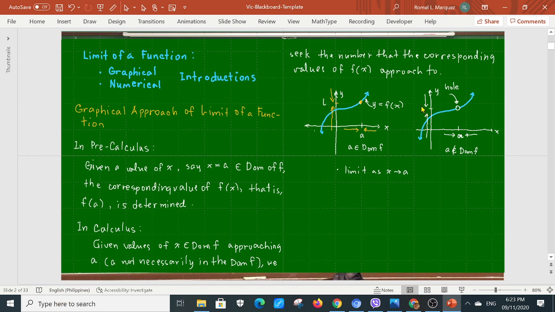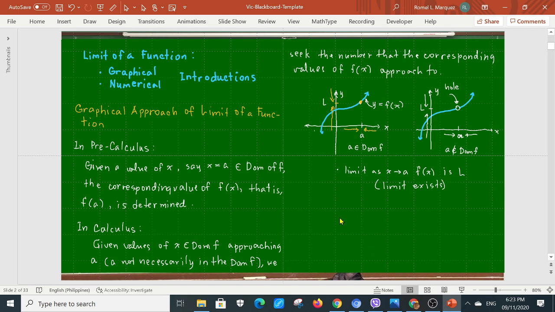Normally, we call that number L. The limit as x approaches a of f of x is L, meaning the limit exists. But it is also possible that the limit does not exist.